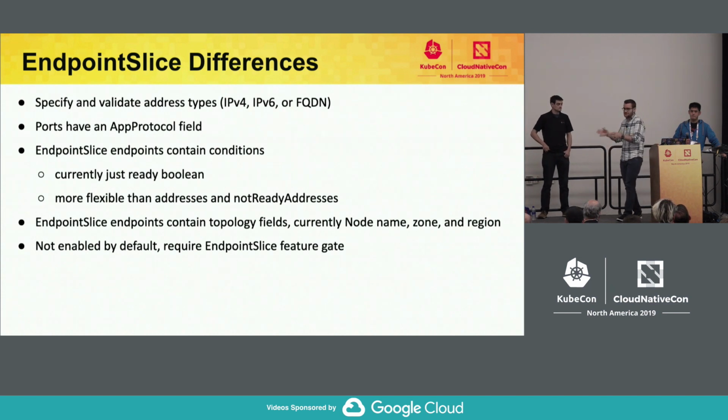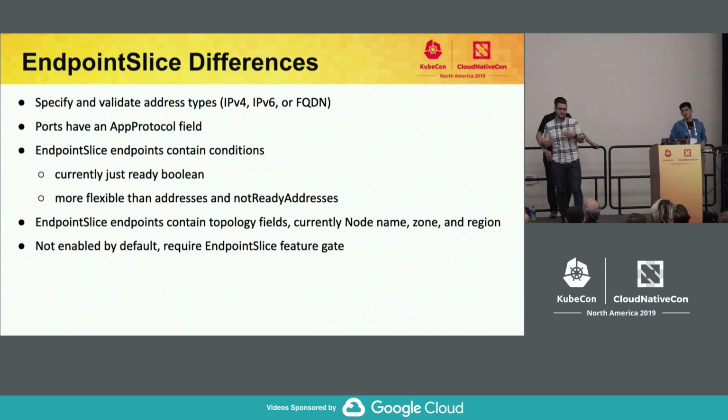Endpoint slice also switches around what we're doing with conditions. So before we had just a list of addresses that were ready and addresses that weren't ready. So if you wanted to add any additional condition or information about an endpoint, it was actually pretty difficult. So we've switched that around to add a conditions field on every endpoint that right now just includes a ready Boolean, but could include additional information about the condition of a given endpoint in the future.